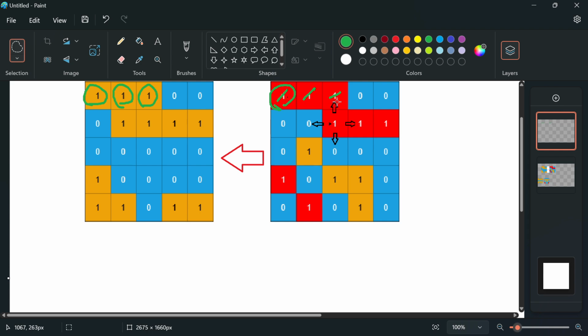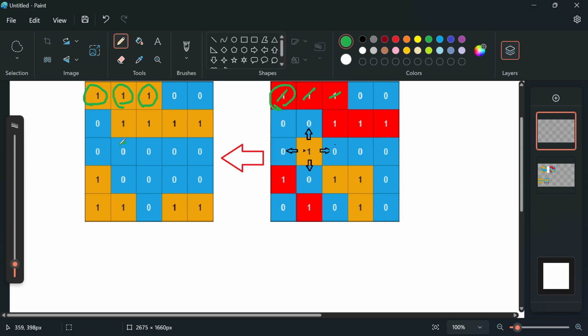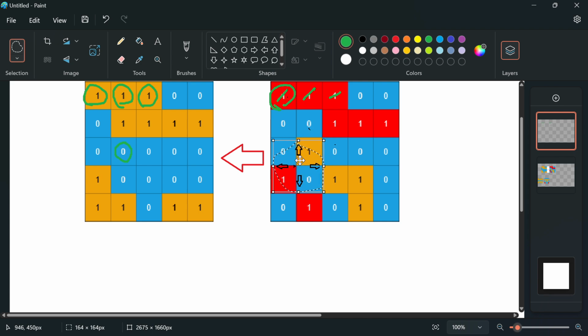Let's say when we are at this island, we check in grid 1. In grid 1 there is no island, so we do nothing and have to go to another island. At that time we skip that part and go to the next upcoming one.